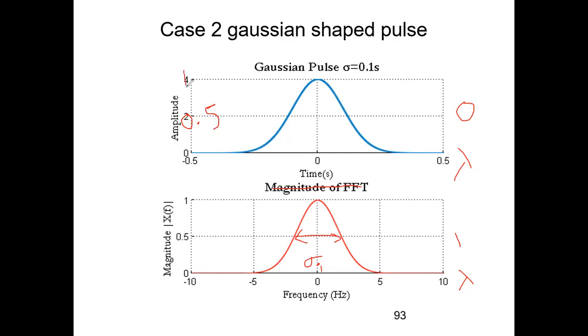I have taken the blue one as output because it is a little wider. This is suppose sigma 0. Now what is sigma I, sigma 0? Just draw this diagram.